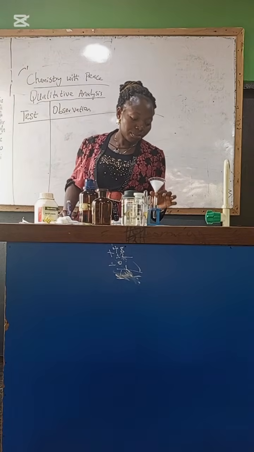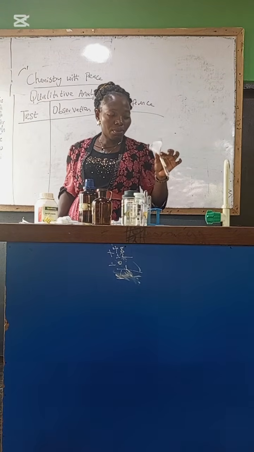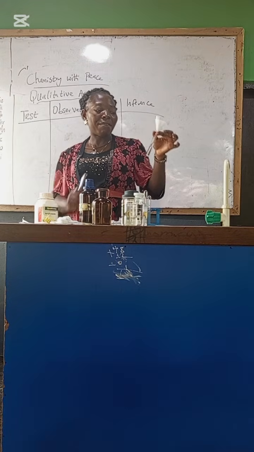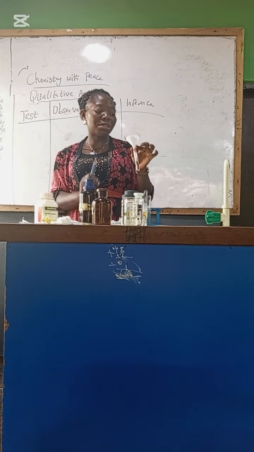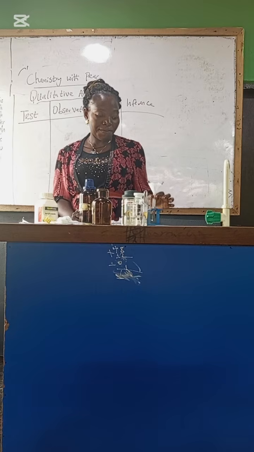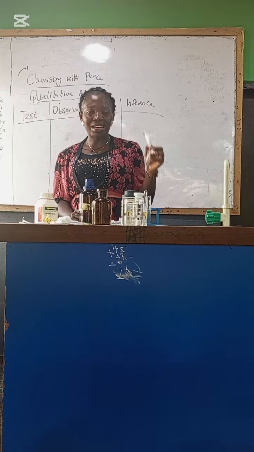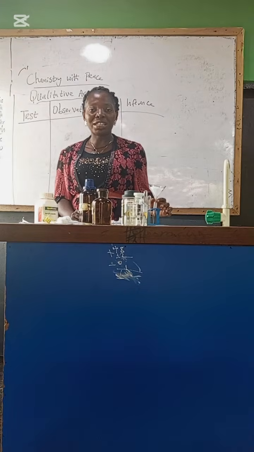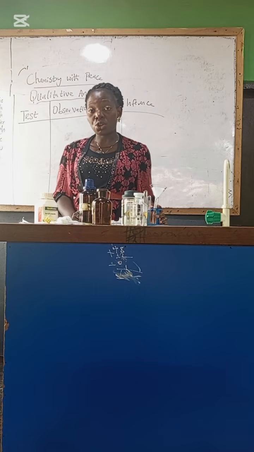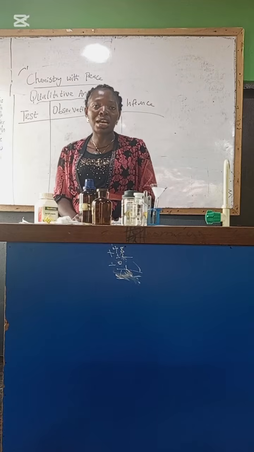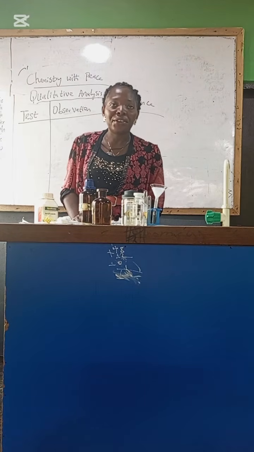Okay, now it's still going on. Then now we have our filtrate and we have our residue on the filter paper. So now we are going to test for the lead(II) ion using ammonia solution and sodium hydroxide.